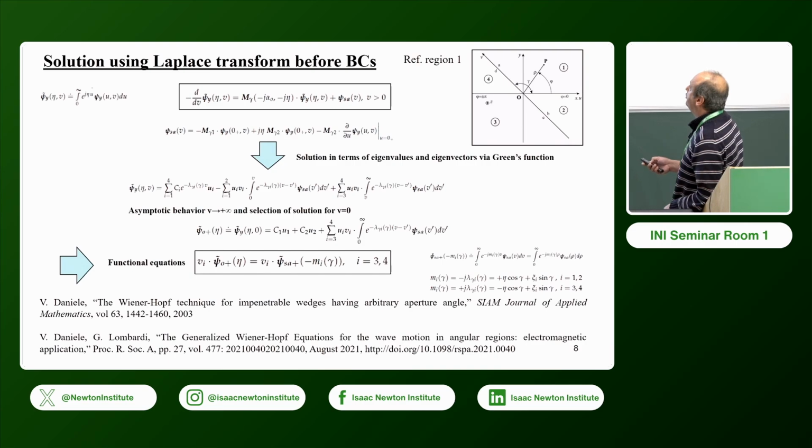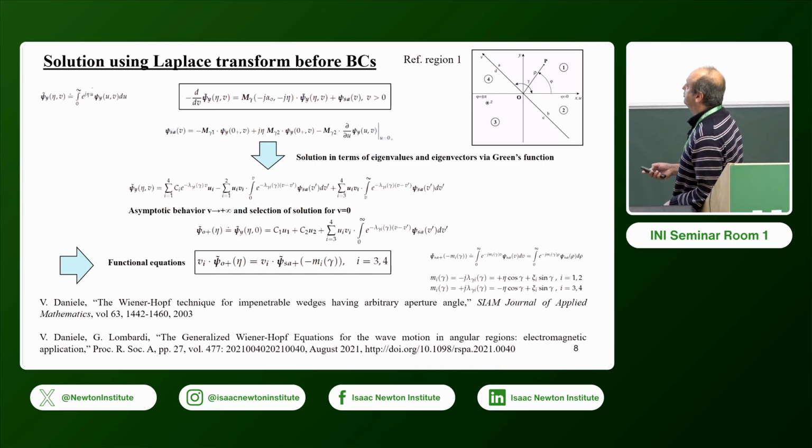Okay, so if we apply the Green function procedure, we have a homogeneous portion of the solution and a particular solution here. These are reported in our Proceedings of the Royal Society A paper of 2021.